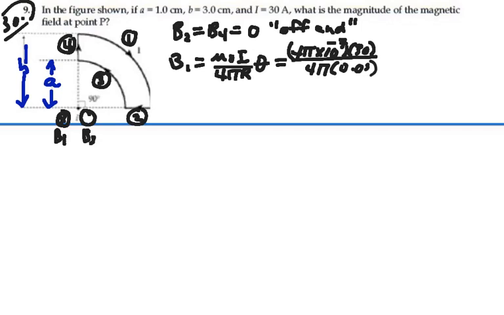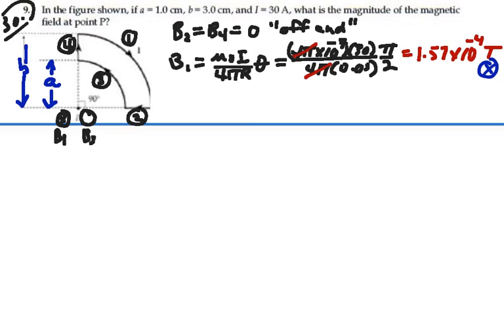And the angle we're talking about is 90 degrees, or in radians, pi over 2. So the 4 pi's cancel out. And what does this come out to be? 1.57 times 10 to the minus 4 Tesla. And of course that would be, as we said, into the page.